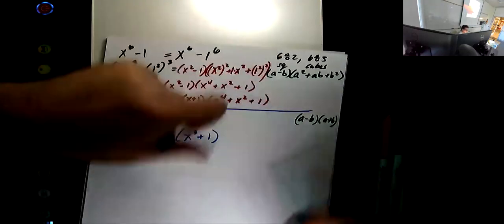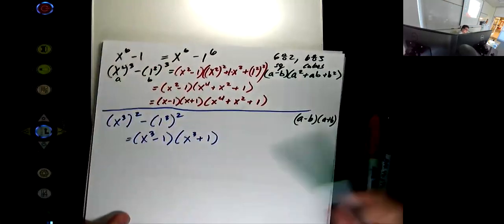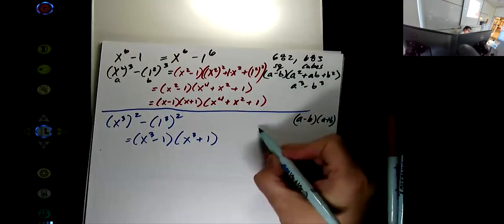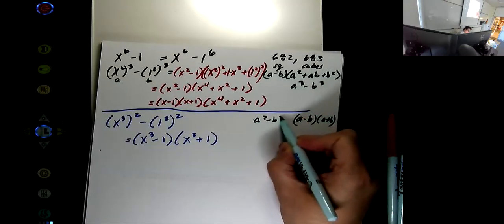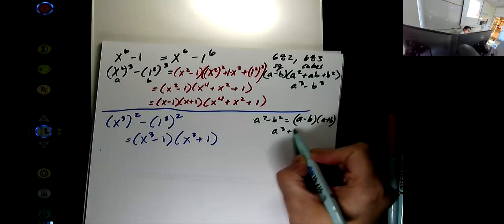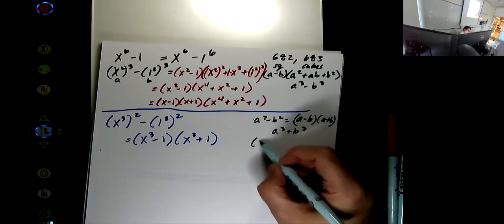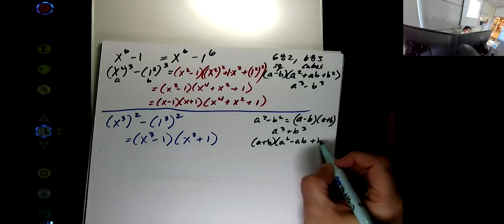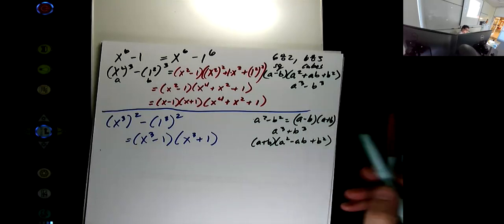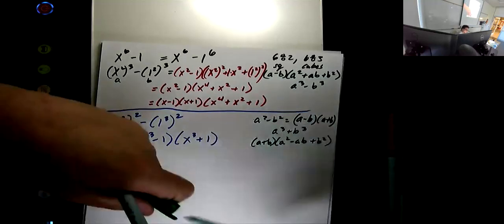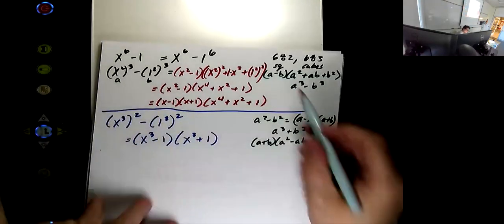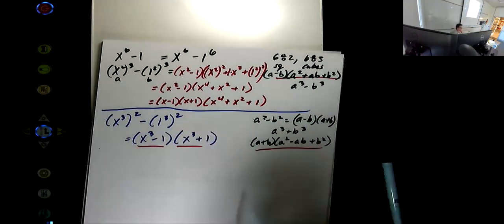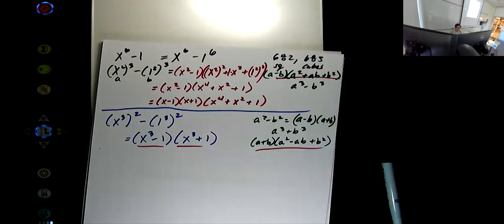This is the a cubed minus b cubed up here, and as a reminder, that's a squared minus b squared there. a cubed plus b cubed is a plus b times a squared minus ab plus b squared. So now apply that and that to that and that. Oh, it breaks down more.